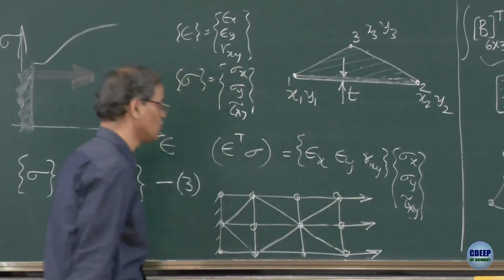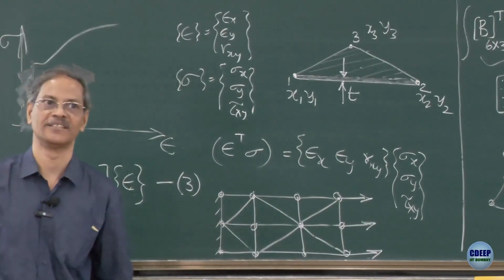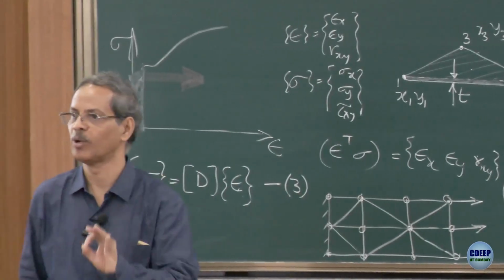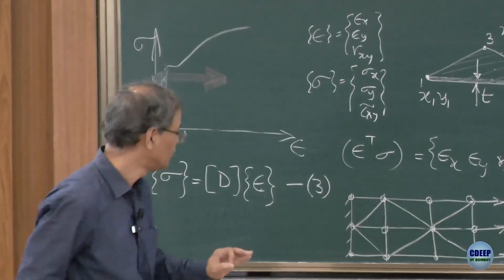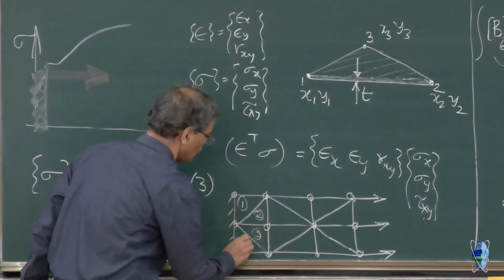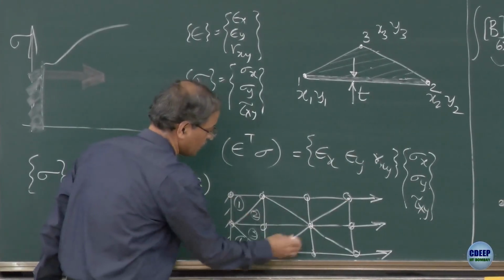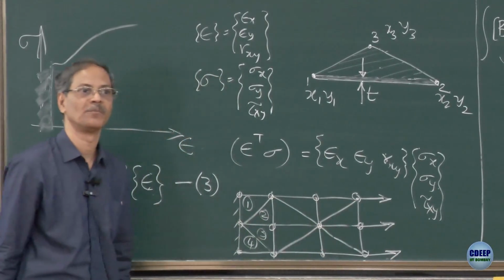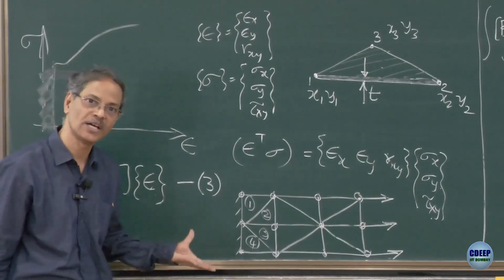I am trying to find out how much is the deformation. Even if such a simple problem I am trying to solve, how many elements are there? 1, 2, 3, 4, plus 4, 8, 12 triangular elements. How many nodes are there?